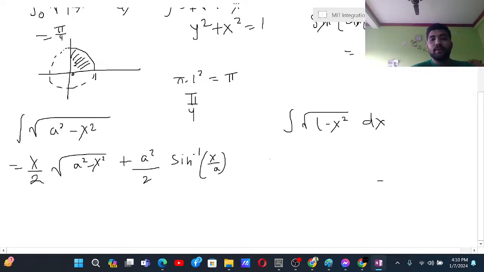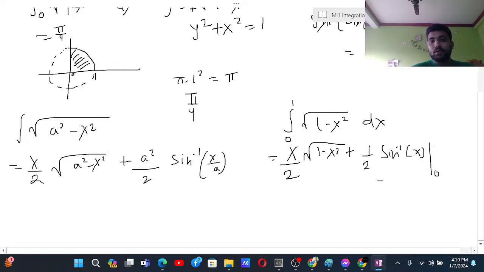So this will be x by 2 root under 1 minus x square plus 1 by 2 sine inverse x, from 0 to 1. So at 1, this is going to 0 and this one will be pi by 4, minus at 0, this will also be 0. So you see we get the same answer, pi by 4.